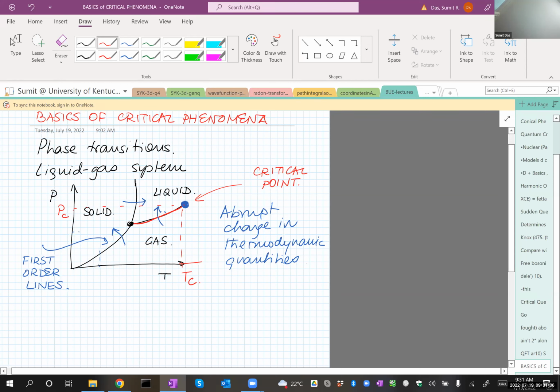I mean, the whole thing looks like a very cloudy object. Light scatters very easily and very much at this particular point. So this is one example of a critical point, and we will try to understand some very universal behavior near this critical point.